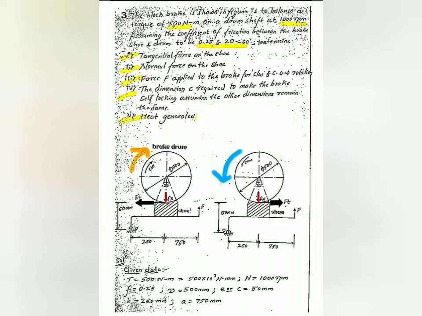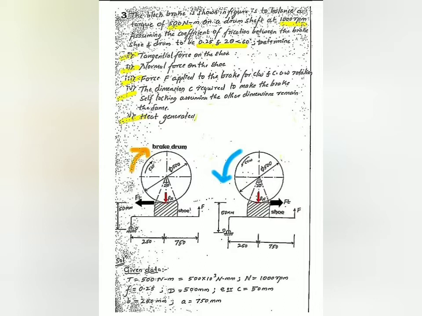You can see in the figure the brake drum is resting on a shoe, and this brake drum is exerting a normal reaction force Rn on the shoe or block in both the cases, and the direction of Ft is influenced by the rotation of the brake drum.